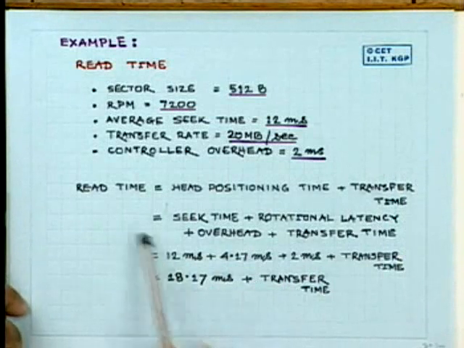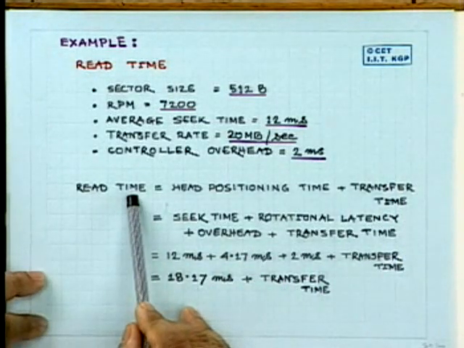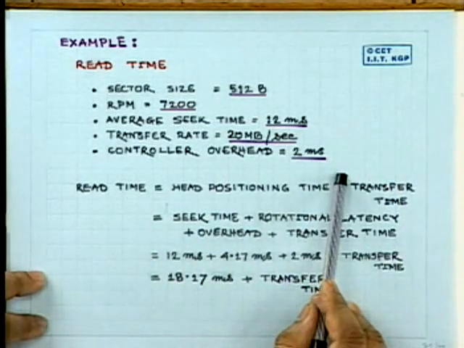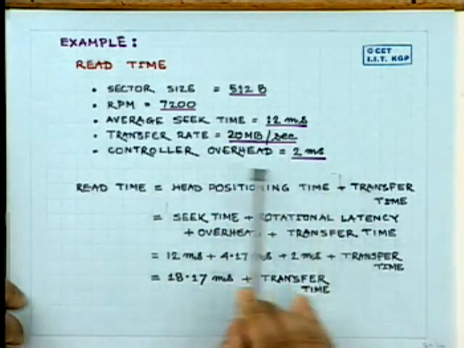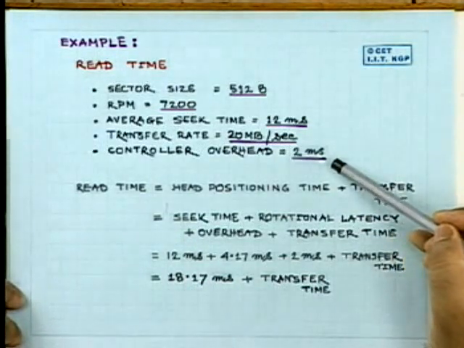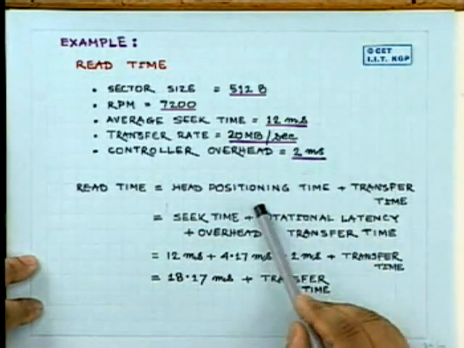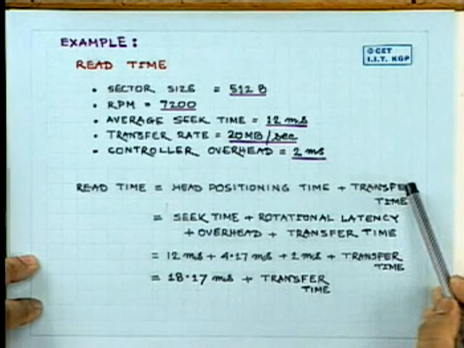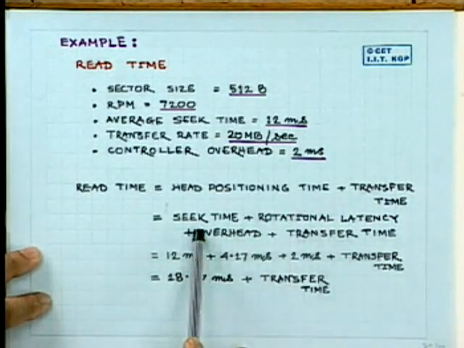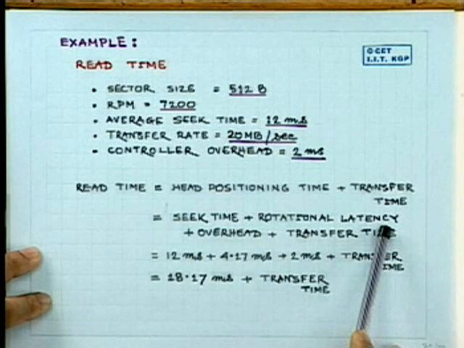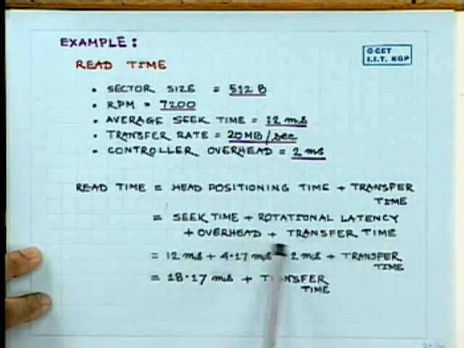Then the read time will be head positioning time plus transfer time, because naturally we have to know which particular sector my data is in before we can read at all. The head positioning time naturally consists of seek time, the rotational latency plus overhead, plus transfer time.